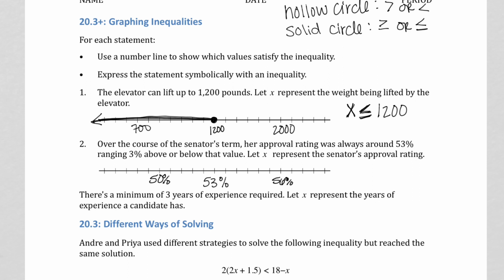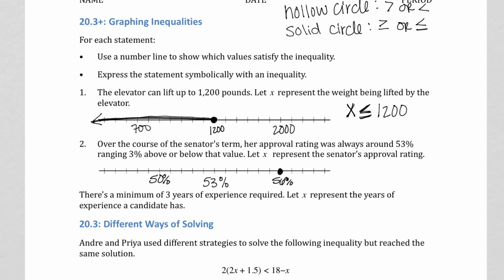Here we're going to have two equations, because her approval rating is always around 53%. It's only ranging 3% above or 3% below. So does that include the 3% above? Okay, so we're going to put a solid dot at 56%. What about the lower end?